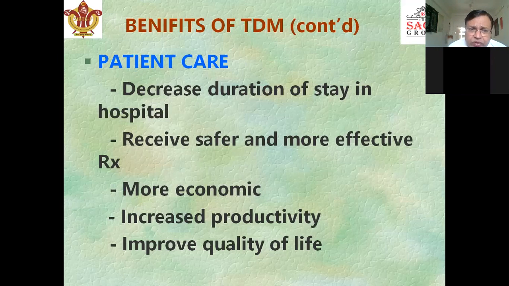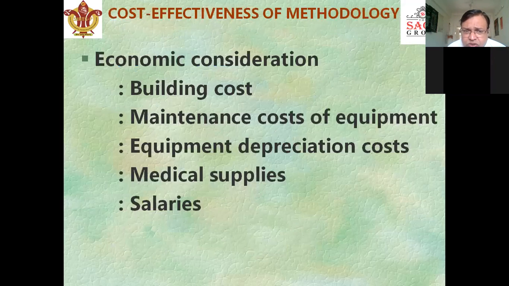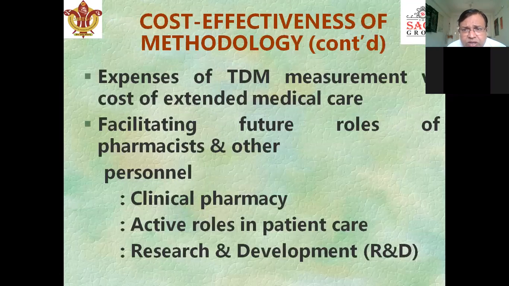Cost-effective economic consideration also: it reduces building cost, maintenance cost of equipment, depreciation cost, medical supplies, and salaries, by the effective use of TDM. The cost effectiveness methodology compares the expenses of TDM measurement versus the cost of extended medical care.